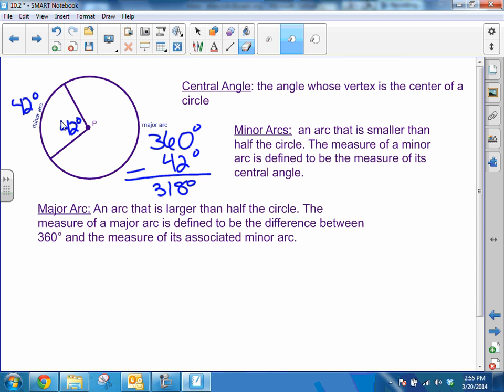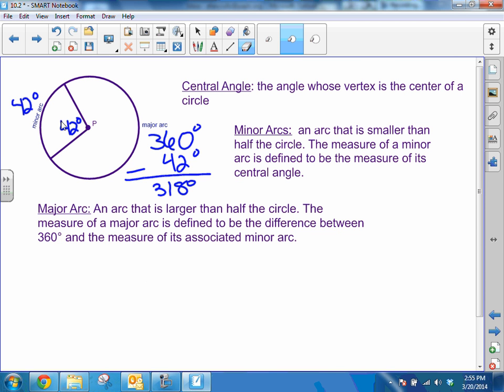And what kind of arc of a circle? Kind of. We want to steer clear of classifying a semicircle as minor or major because of the endpoints. What are the endpoints of a semicircle? The diameter.